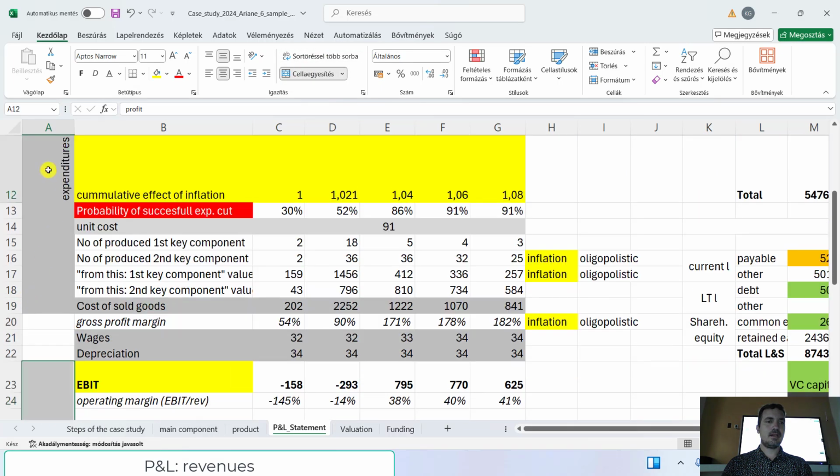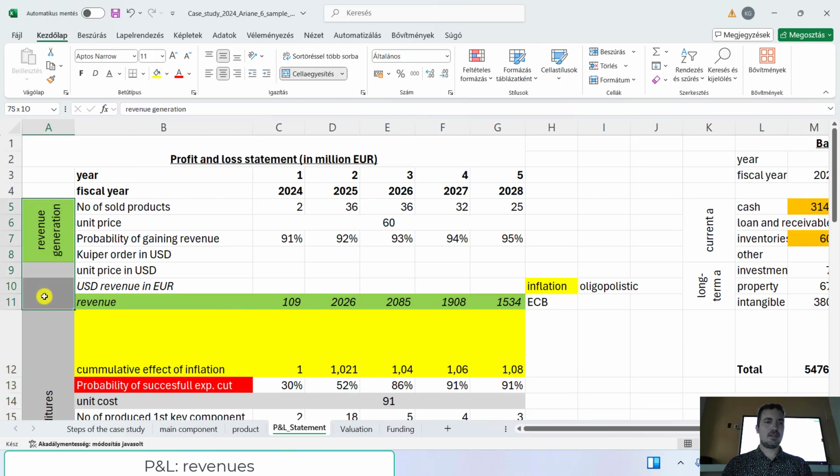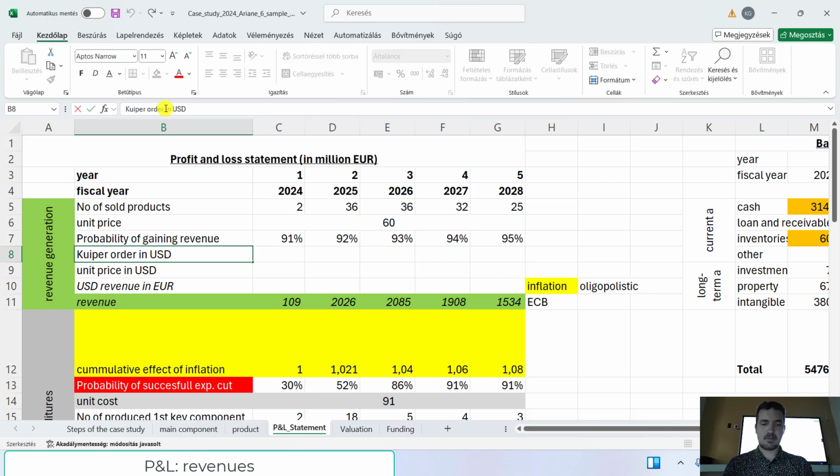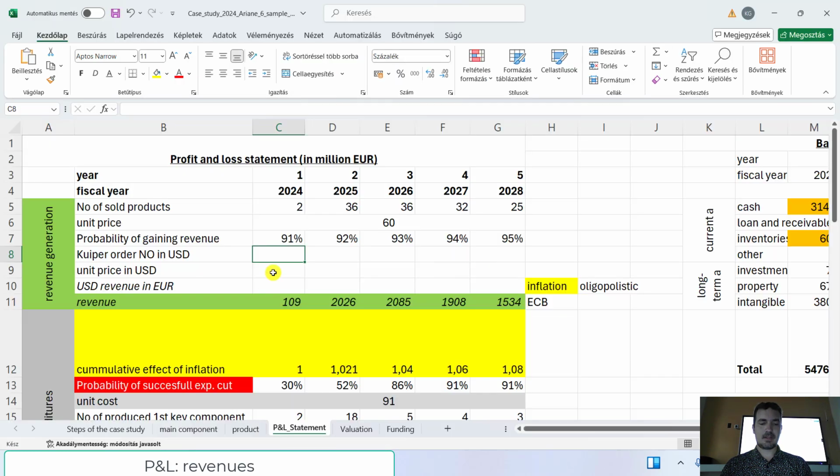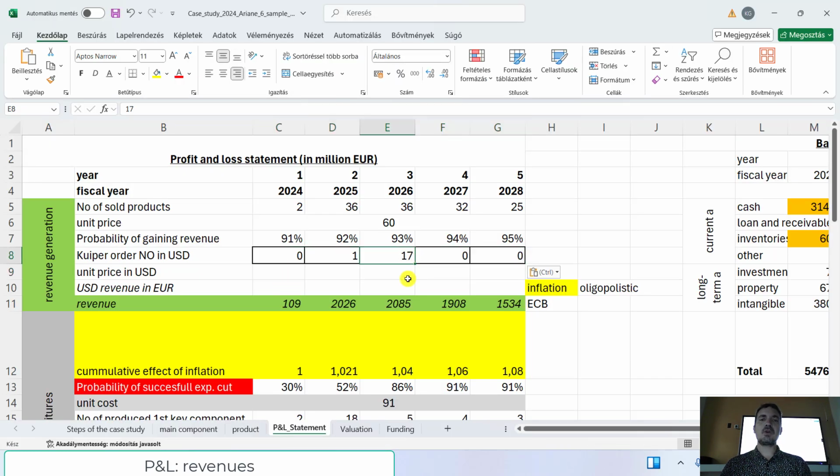Just some housekeeping. Okay, so US dollars. So number of sold products. It's good because if we can do this later on, we can see that this is a high order number.